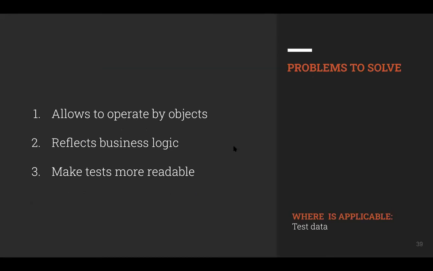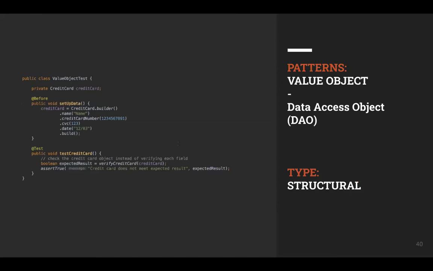Next pattern allows us to operate with objects, which helps us to reflect some business logic. Now, instead of testing some primitive types of data, we can test our entire objects.